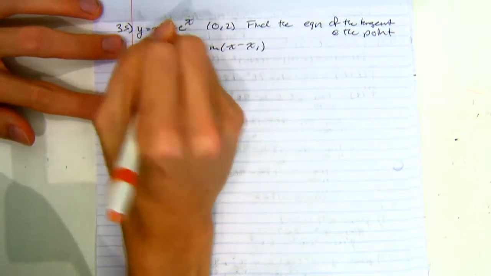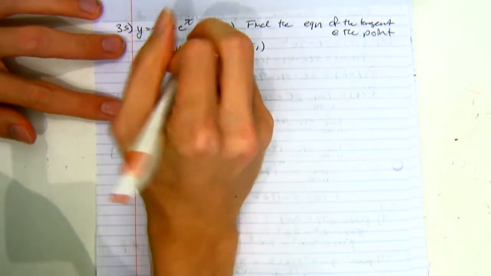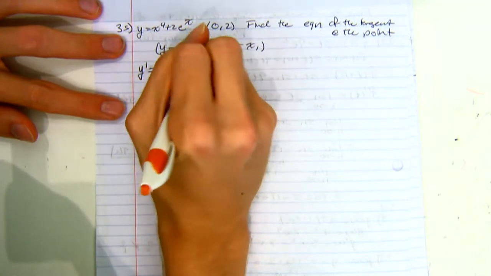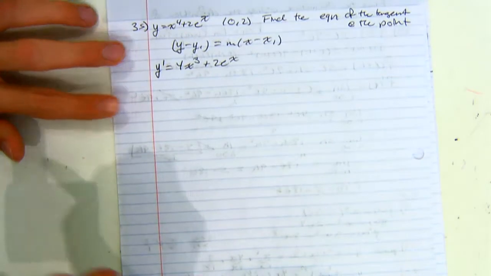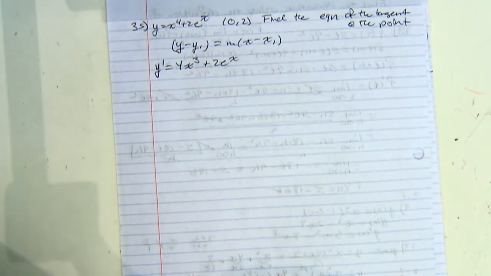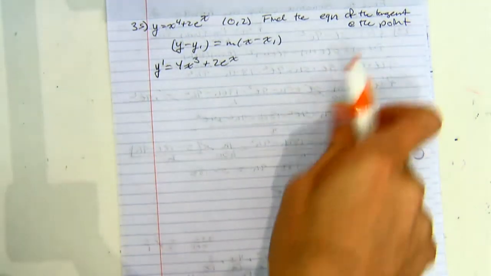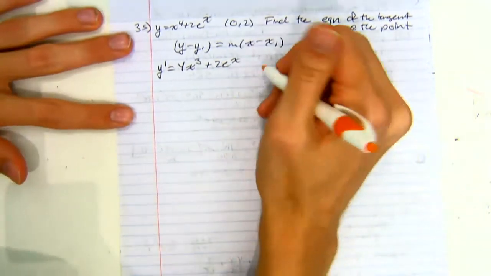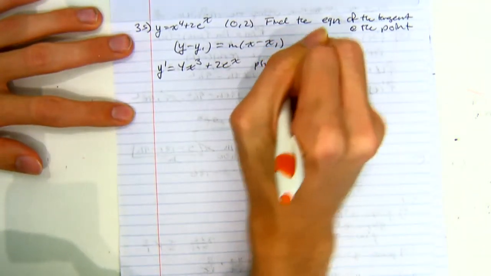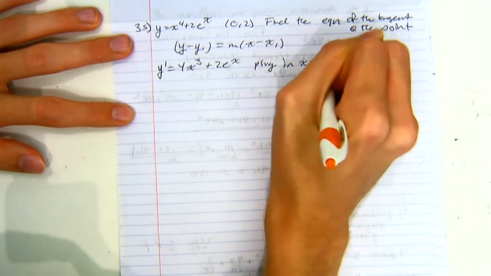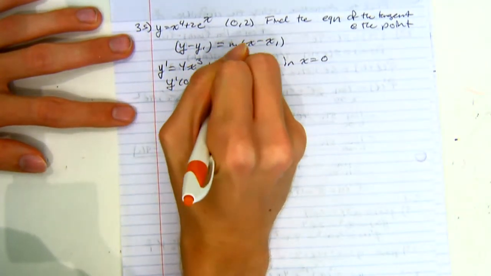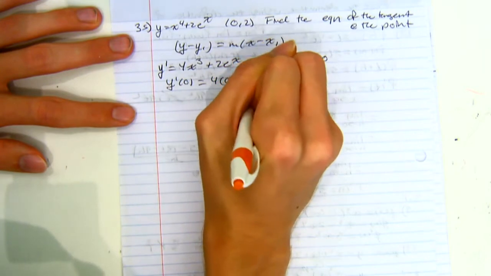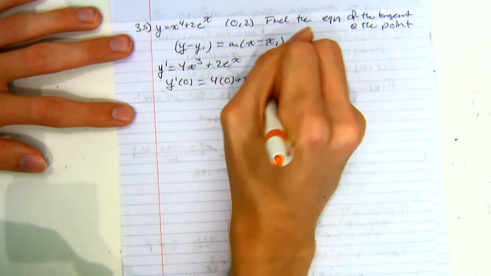So if we take our derivative, not too crazy. All right, we still have this function, but we want to find it at that point. So we're going to plug in our x as 0. Which is just going to be equal to 2.